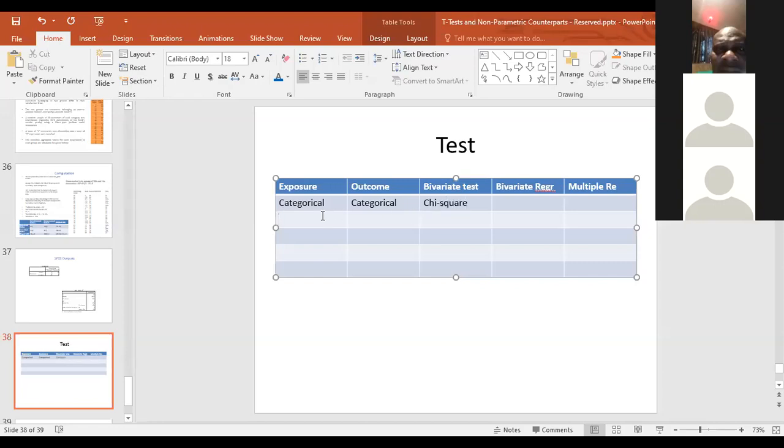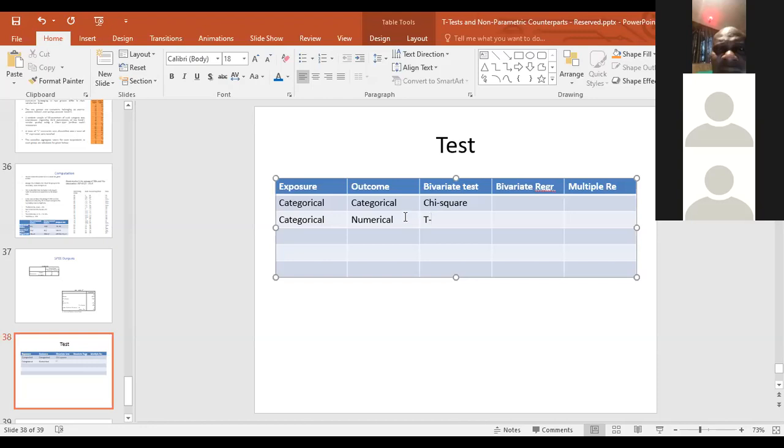But when you see a situation where the exposure is categorical also, and the outcome is numerical, this is where we use t-test.